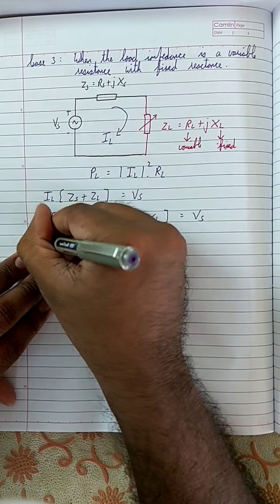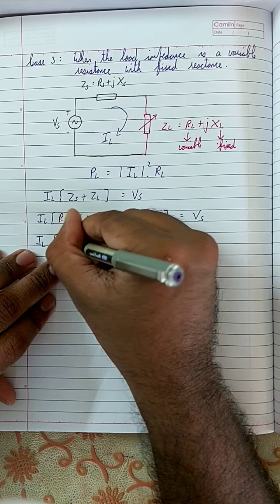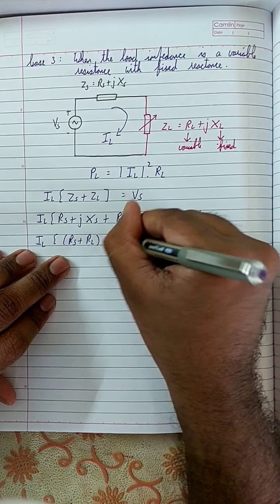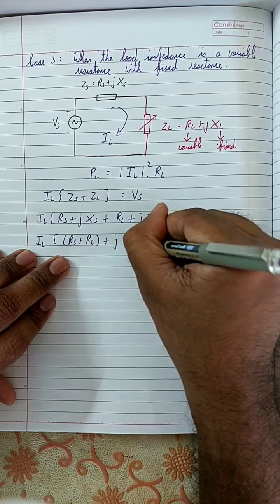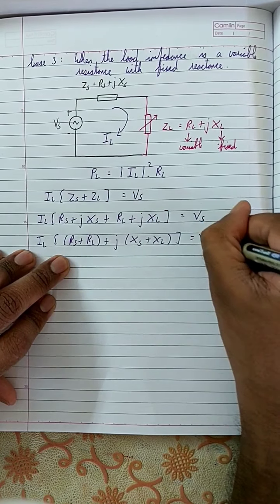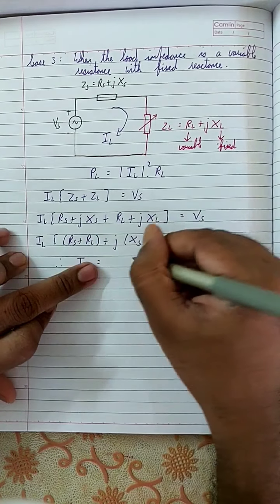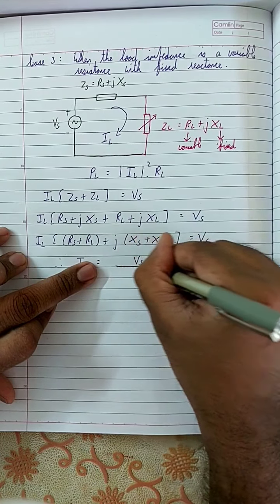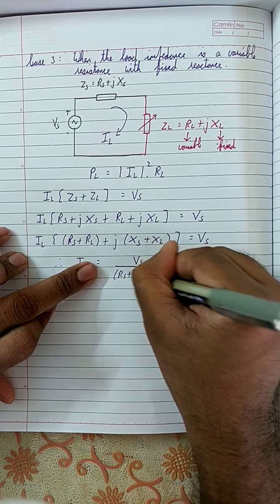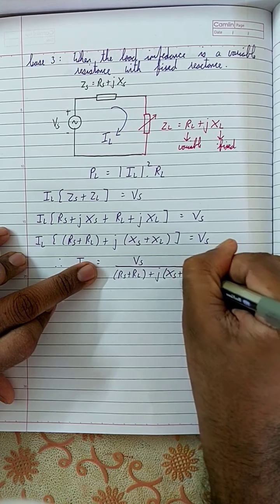Okay, and let me write it in terms of complex number, which is (Rs plus RL) plus J(XS plus XL) is equal to Vs. So therefore IL is equal to Vs by (Rs plus RL) plus J into (XS plus XL).